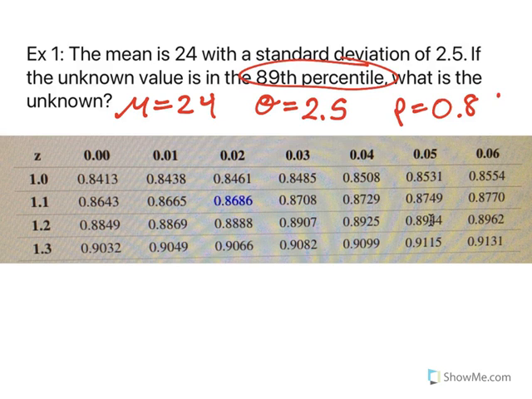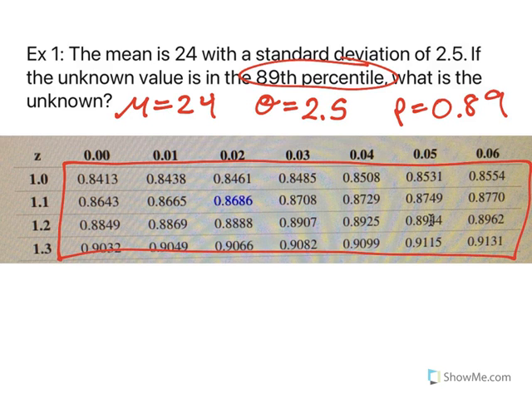That means the probability is 0.89. Now, if you recall from this table, the inside pieces here are all probability. So if we know that we are in the 89th percentile, we are looking for 0.89 inside of the table here. So this right here is the value closest to 0.89.